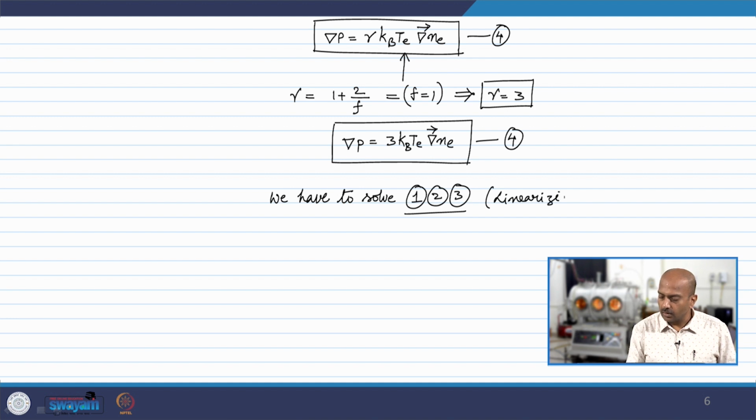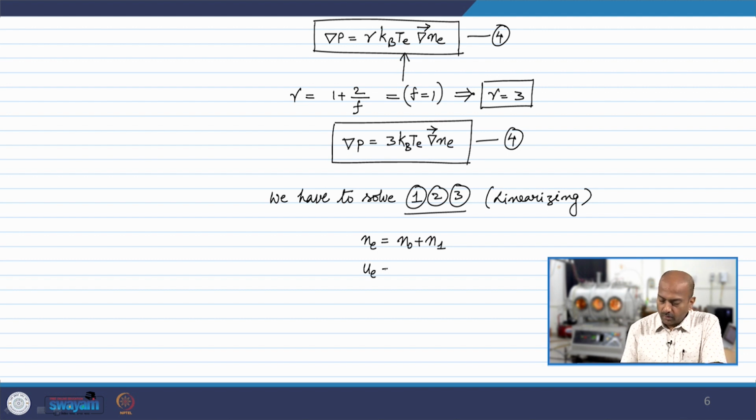We have to start by linearizing the 3 equations, right. Now, since we have made the set of equations, the variables which are going to be influenced or perturbed are these. So, the number of electrons can be written as N0 plus N1.